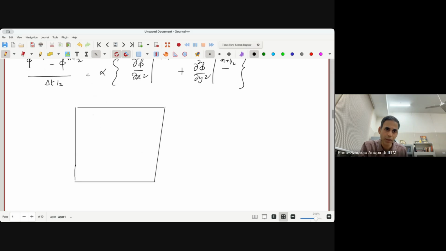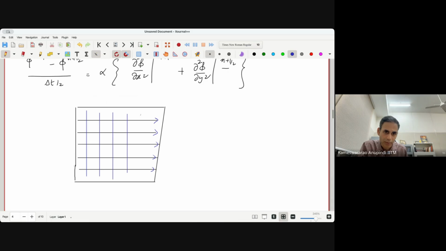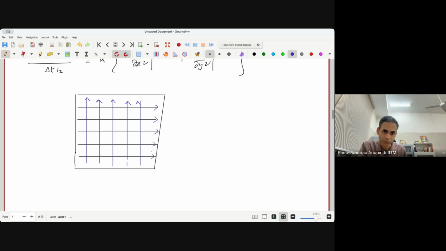We have this domain, and what we're trying to do is solve implicit Euler in one direction. So this is all implicit, and when you're solving implicit in this direction, the other values in the other direction are explicit, right? So you're only solving implicit in this direction. When you're doing the other direction, you're doing essentially implicit in that direction. So that is the idea of the ADI scheme.